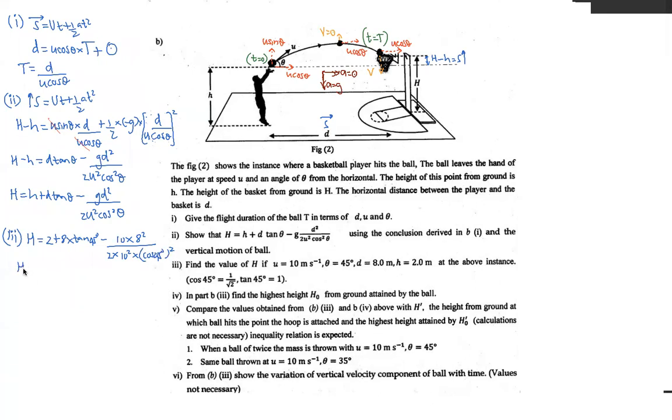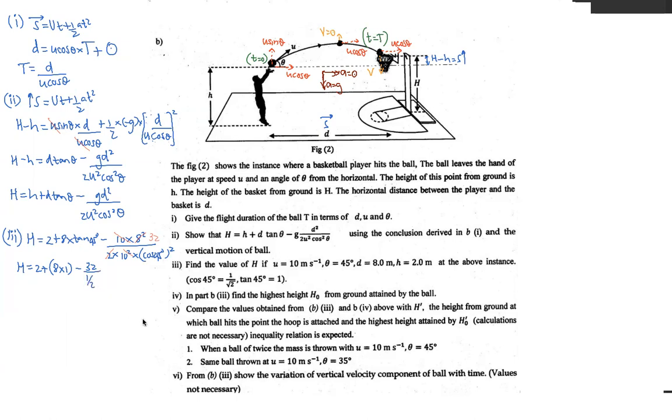So, here we have h equal to 2 plus 8 into 1 minus, one of the 10s can be cancelled out. I have a 10 here and 10 squared here, and this 2 and 8 squared, it's 32, and so you have 32 over half, is it? 32 over half.